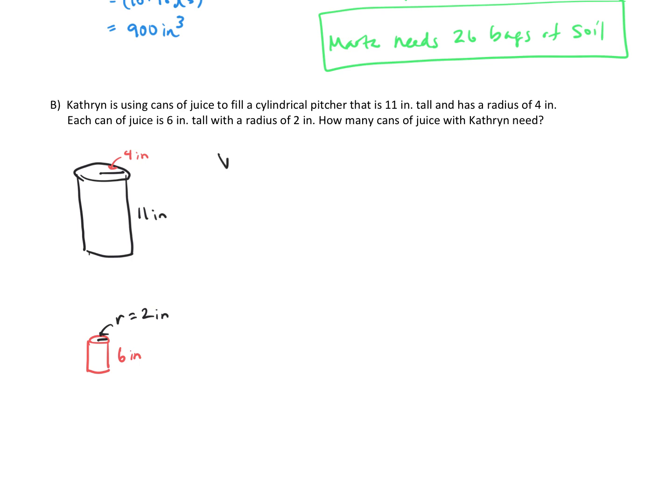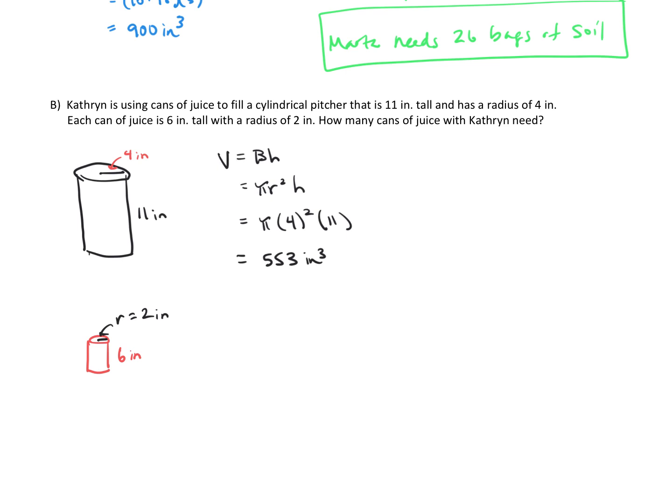So let's find the total volume of the cylindrical pitcher. So volume of a cylinder is area of the base times height, just like a prism. But because it's a circular base, we know the area is pi r squared times the height. The radius is 4, so pi times 4 squared times the height of 11. When we multiply that out, we get about 553 inches cubed.